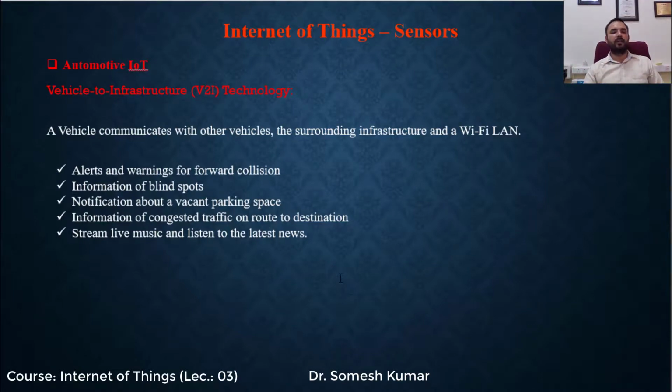It can also give information about blind spots, notification about vacant parking space, and information about congested traffic on the route to the destination. You can also stream live music or listen to the latest news. All these applications are possible with the help of automotive IoT.